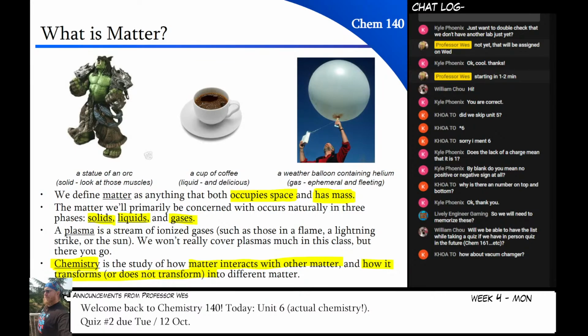If I make plastic and then sit on it, will my butt react with it? Hopefully the answer is no, which is the important part of, does the matter not transform? There are some instances we would like matter to not transform. For example, clothing. We would like our clothing to not dissolve on our flesh. So we choose matter that doesn't react with human skin, as opposed to, say, making your clothes out of hydrochloric acid, which would not be comfortable.